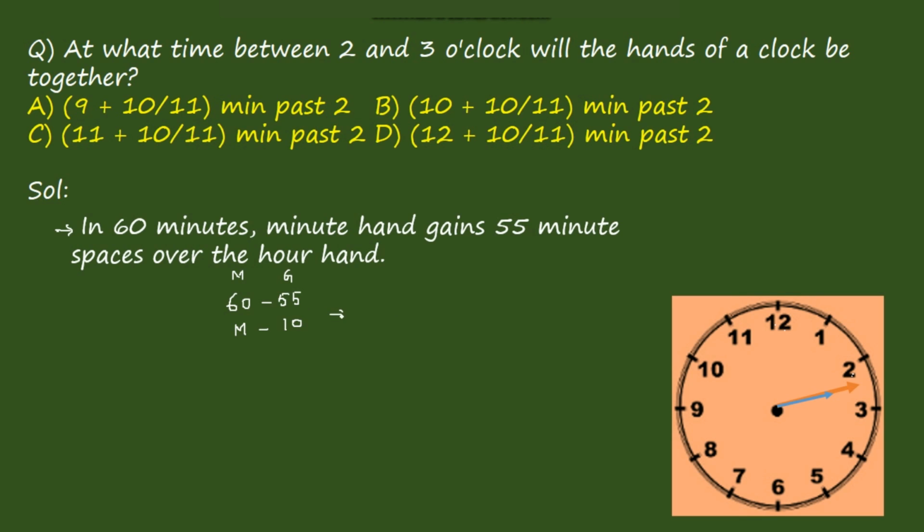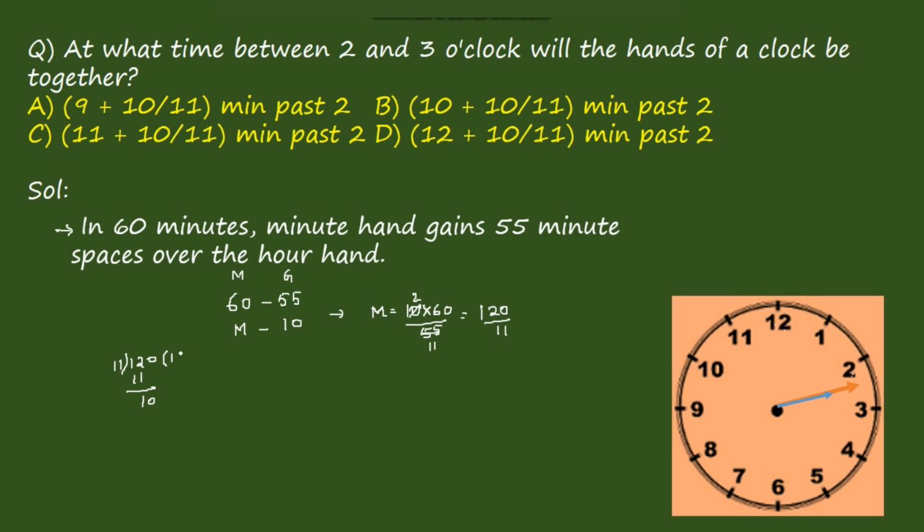Just cross multiplying it, you will get m is equal to 10 into 60 by 55. It's nothing but, by 5s, 120 by 11. Just dividing 120 by 11, it's 11, 120, it becomes 1, which is equal to 11, it becomes 10.